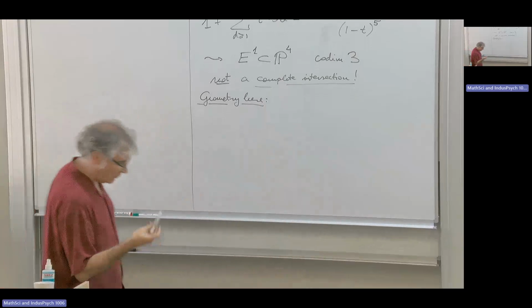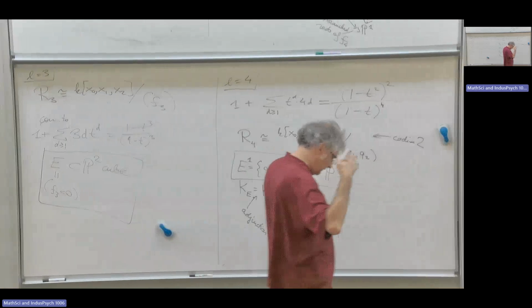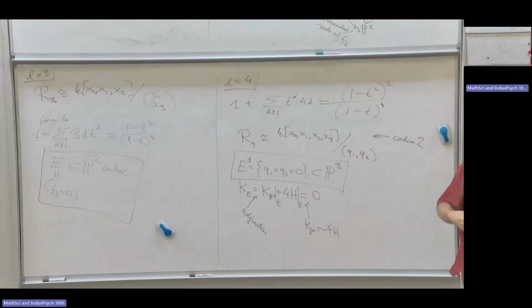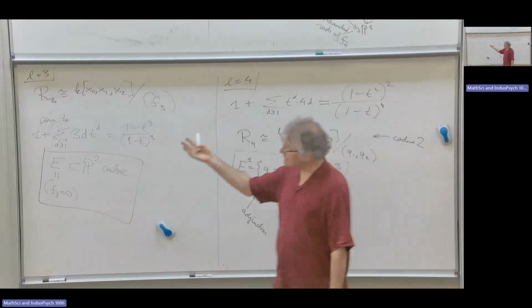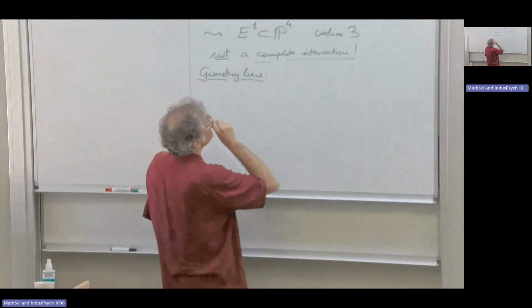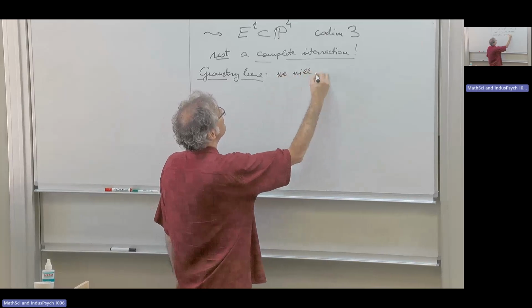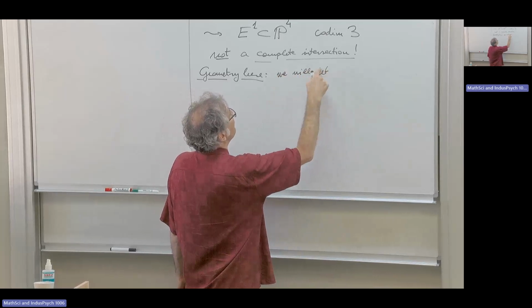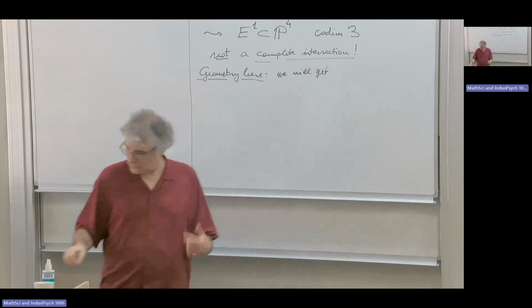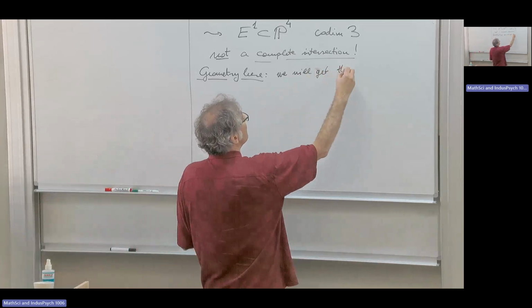So what's the geometry here? What is the geometry of an elliptic curve embedded by the 5 times Veronese truncated ring inside P4? That turns out to be super interesting, and it's the following. So what information do we have? If everything works well, then we will get this as follows.